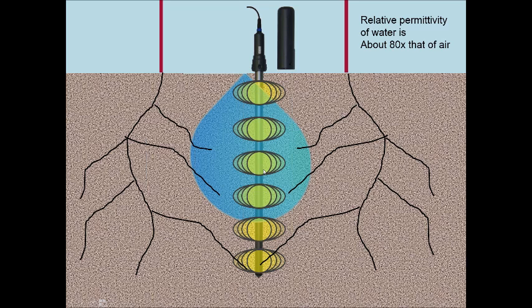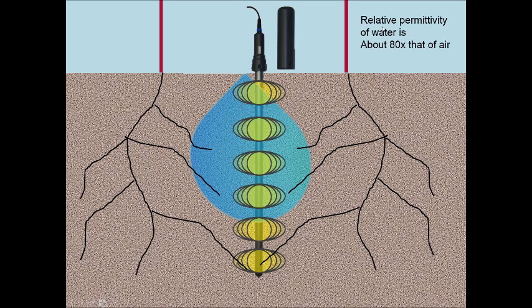And it's setting up a little electric field. It only lasts about a fraction of a second, but during that time, it's measuring the capacitance of those sensors. And the sensors are influenced by their environment because the electric field goes out into the surrounding soil. There's no physical contact between the soil moisture and the probe, but there is an electrical field set up around each one of these sensors. And it turns out that the capacitance is influenced by something called dielectric constant or permittivity.